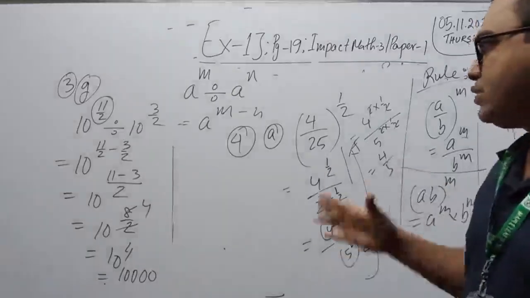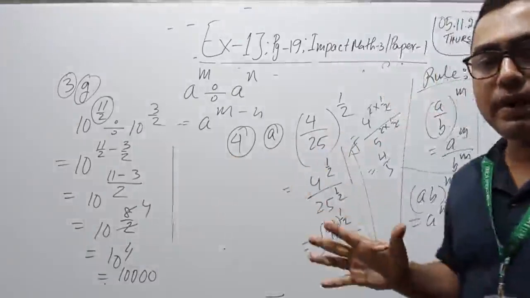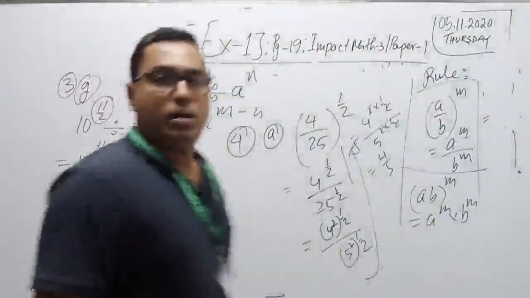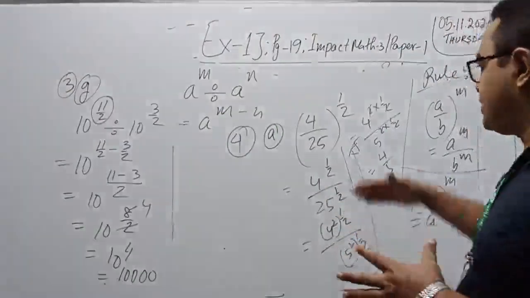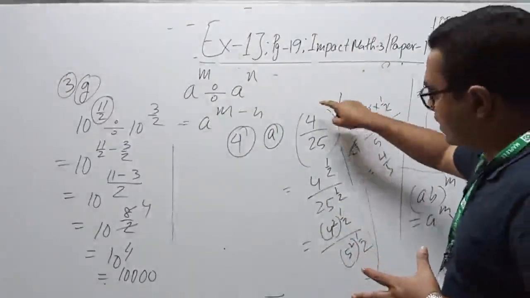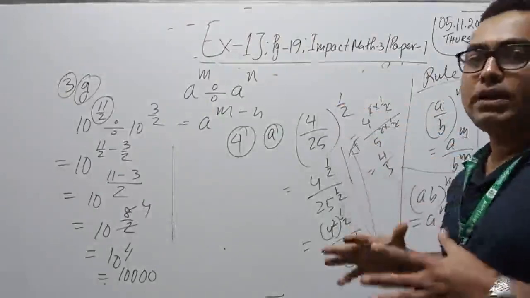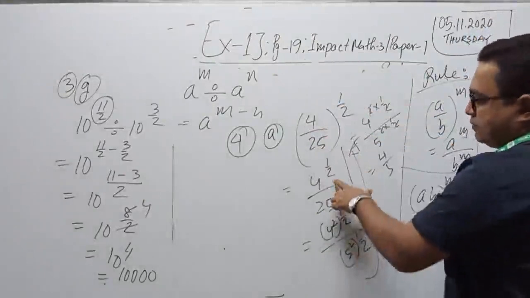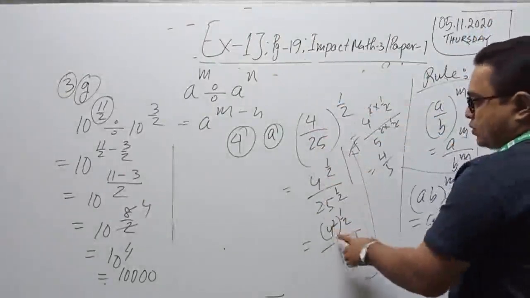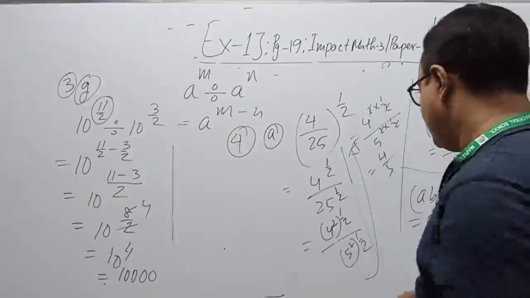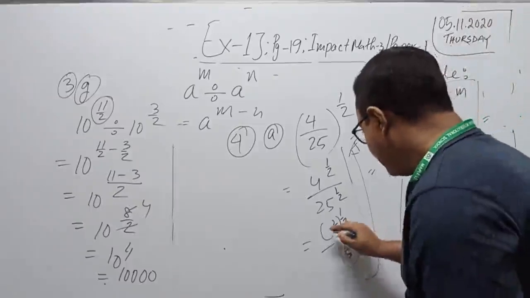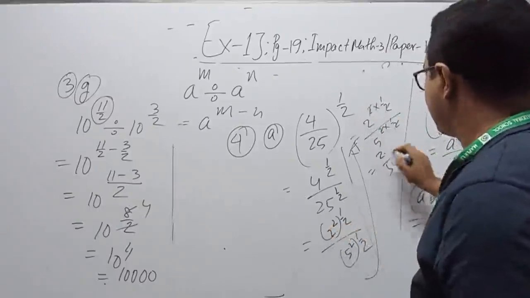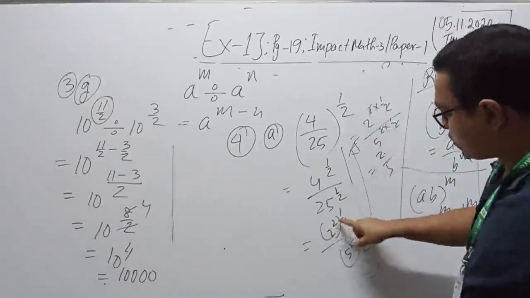Same thing as we do in number 1 or 2. But that thing we are using here for numerator and for denominator separately. Here 4 to the power of half. So 4 can be written as 2 square to the power of half.